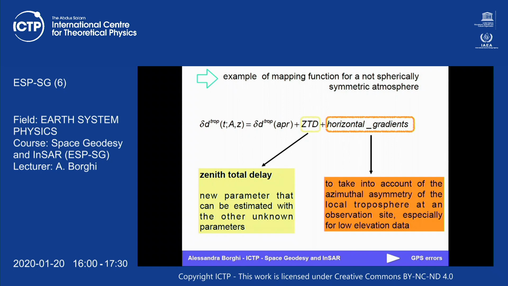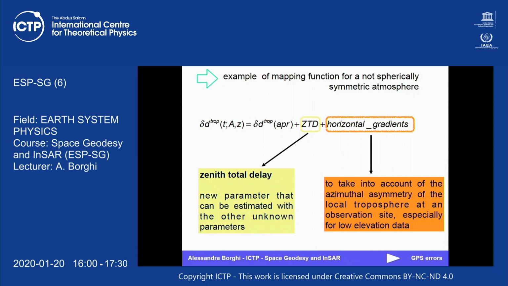Or, no, for each satellite, because we have signal for different directions. I don't remember, I have to check. It's a long time since I processed GPS data. The last time was a year ago, when I had to check a report. You introduce this parameter in each observation, of course, and you are going to estimate it.